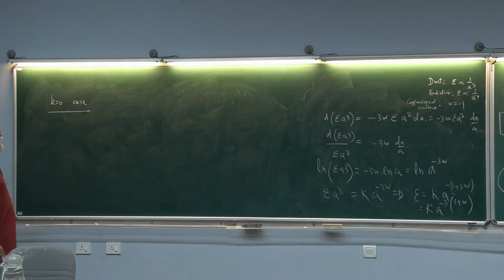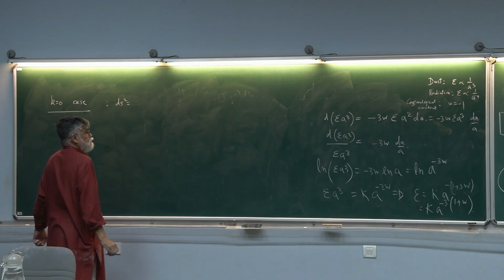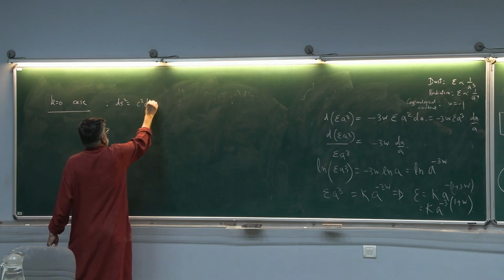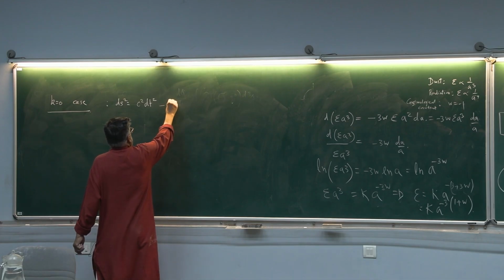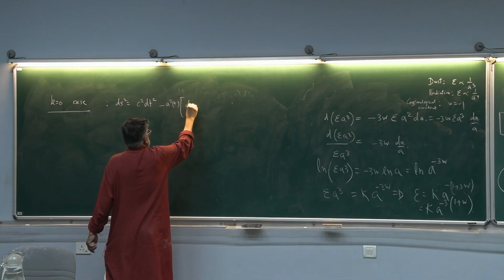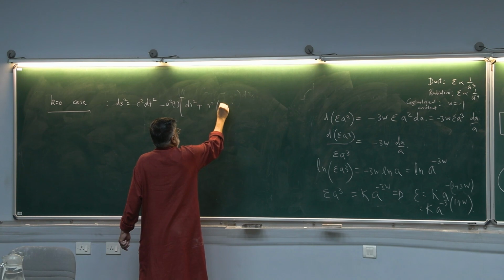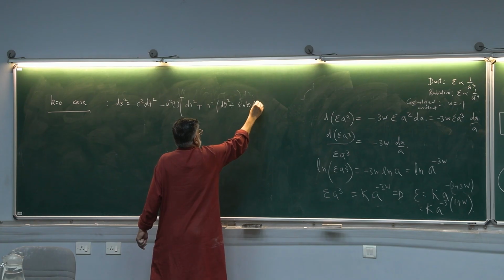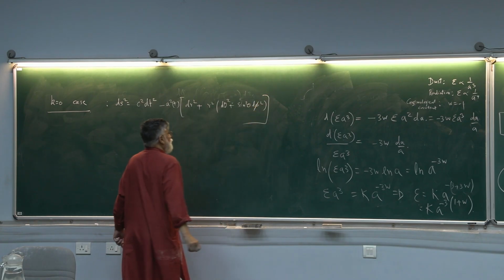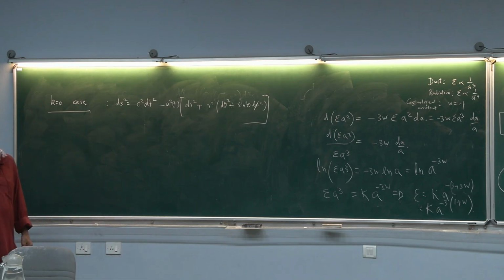For the k equals 0 model, our line element ds squared, k is 0, so therefore this is simply dr squared plus. Okay. This is the k equals 0 model.